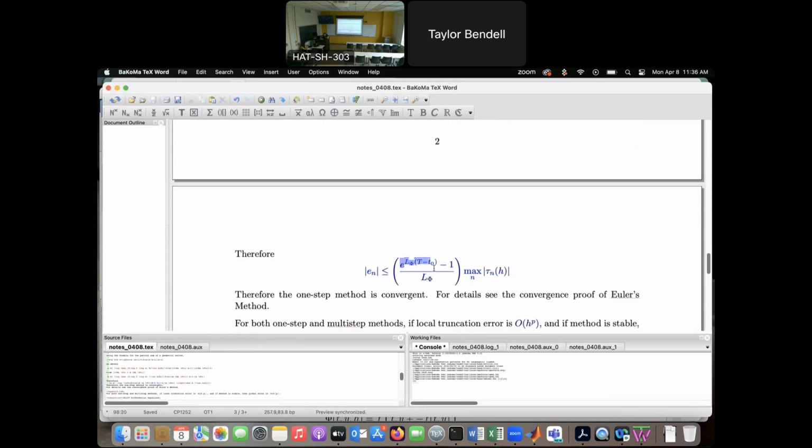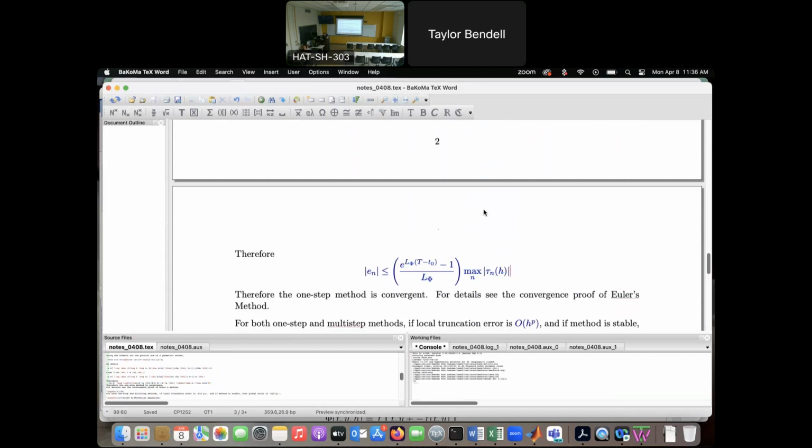And this constant here is independent of h. So now we can use the fact that as h goes to 0, this is a fixed constant. This part is going to 0 because the method is assumed to be consistent. Therefore, the global error goes to 0 as n goes to infinity.